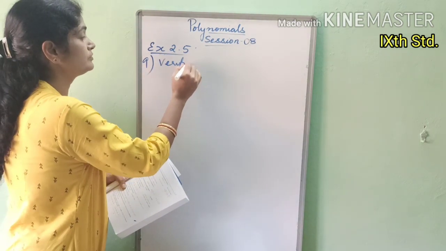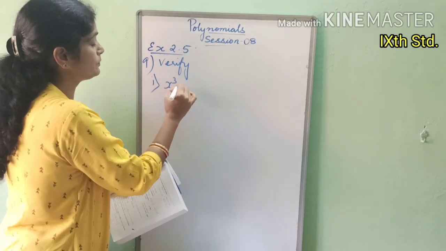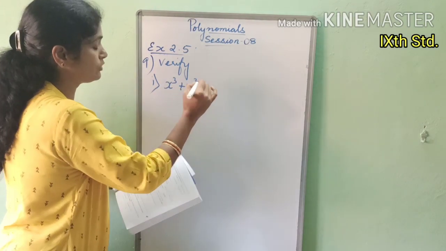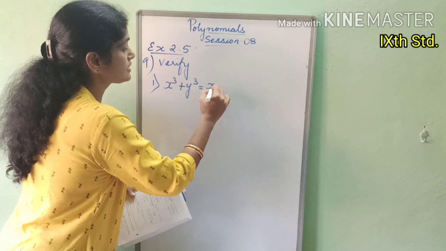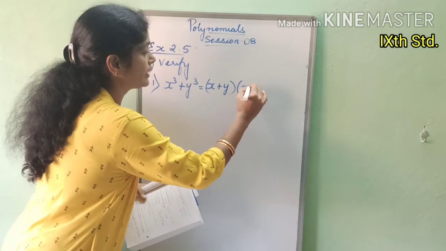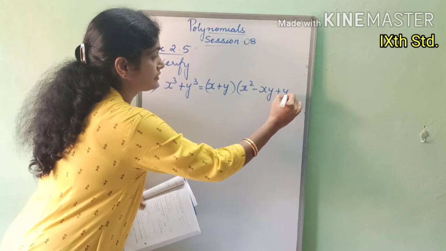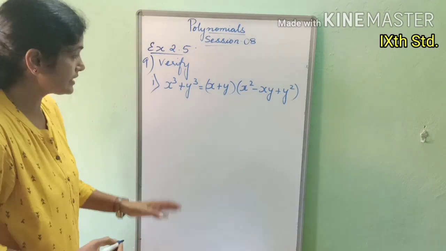First, question number 9. Verify that x cube plus y cube is equal to (x plus y) into (x square minus xy plus y square). See, this is an identity itself.